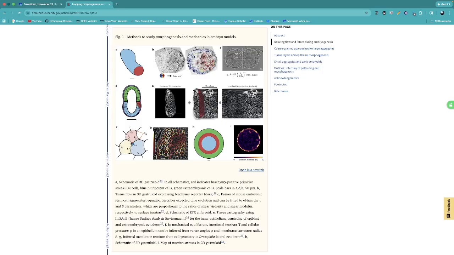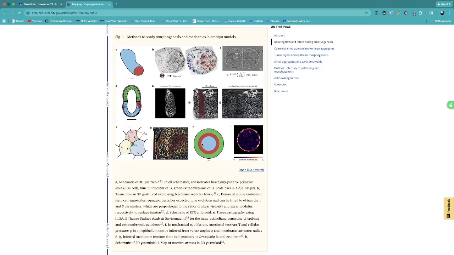We can also use imaging methods like this to understand how these things change, and we can model it this way. G is the inferred membrane tensions from cell geometry in Drosophila lateral ectoderm, so showing an example in Drosophila instead of an organoid.